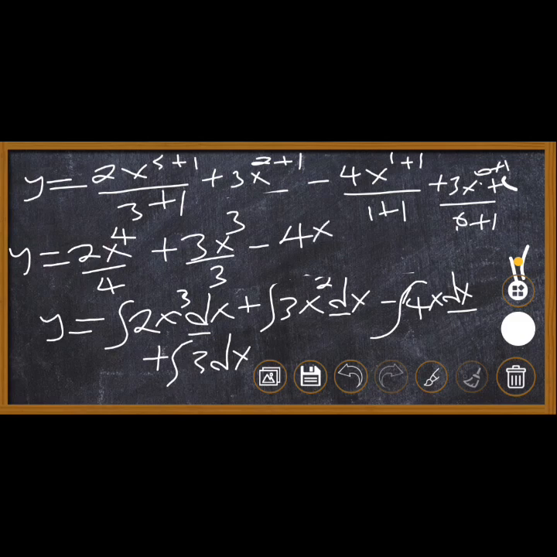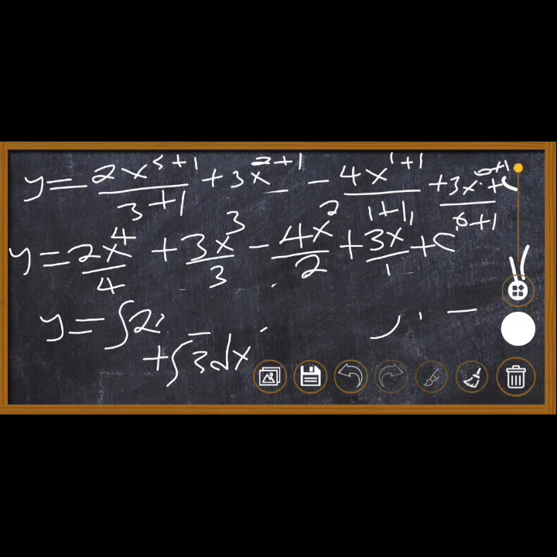On top there we have 1 plus 1, which of course is 2, over 2, then plus 0 plus 1 as the power, we have 1, so it's going to be 3x power 1 over 1, then plus the constant value c. Let me just wrap all these because there are a lot of them in here.